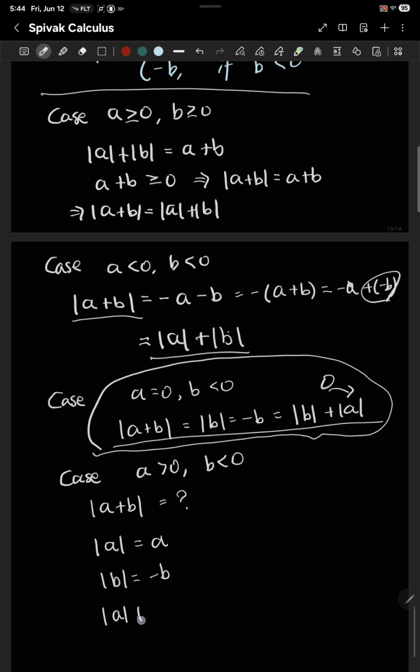So a plus the absolute value of b is equal to a minus b. Here of course it depends really on what they mean.